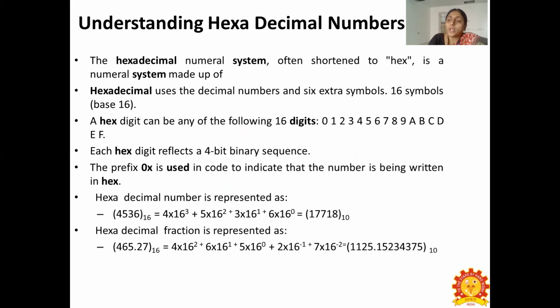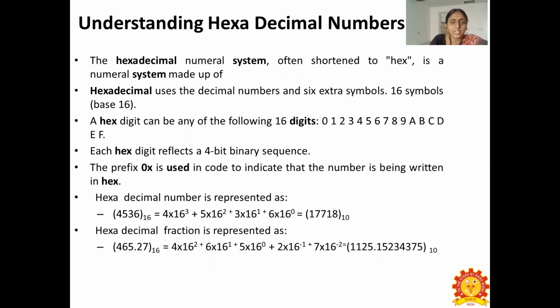And next we will see about hexadecimal numbers. The hexadecimal number system is often called hex. It is a numeral system that uses the decimal digits and 6 extra symbols, that is 16 symbols in total, with the base 16.